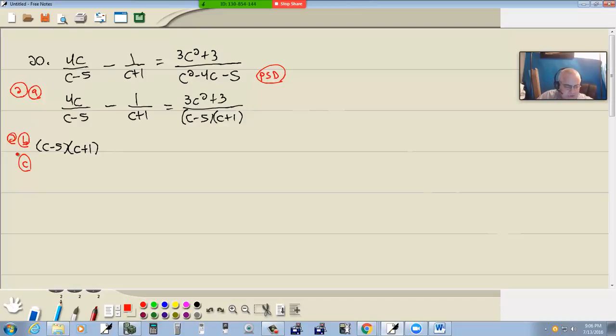So we're going to multiply that by everything. So we'll multiply it times the first fraction, the 4c over c minus 5. We'll multiply it times the second fraction.